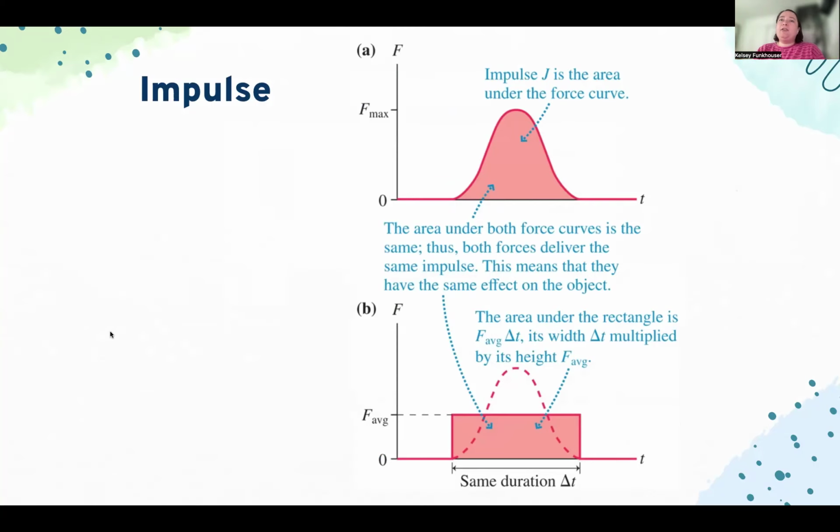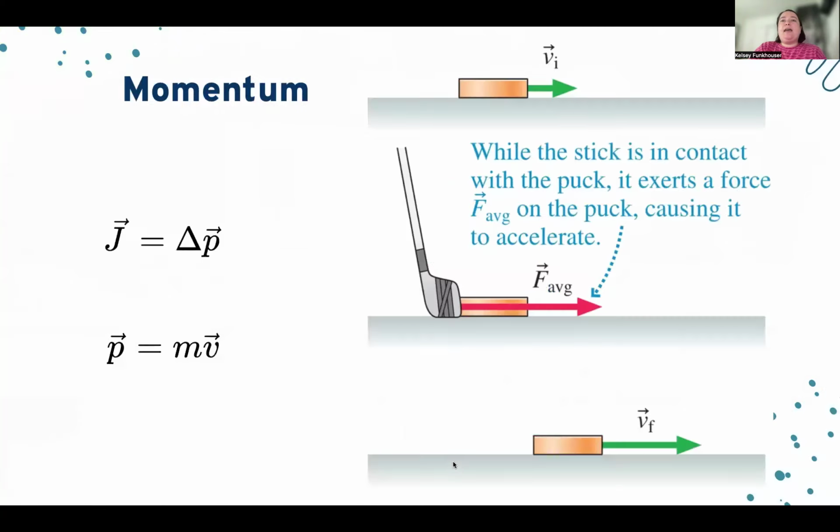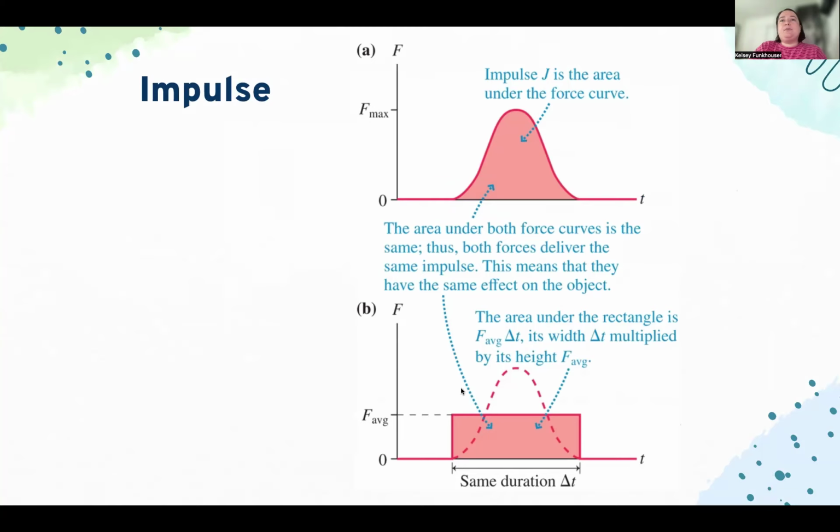So another way to look at it is we can take the average force instead, and that way, as soon as the collision starts, we can just assume that this whole area is the average force. The area here and here is actually the same, so it works out just fine. And it's the same duration of time also.